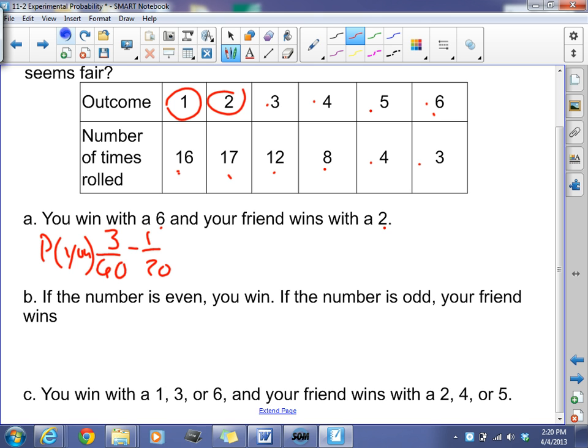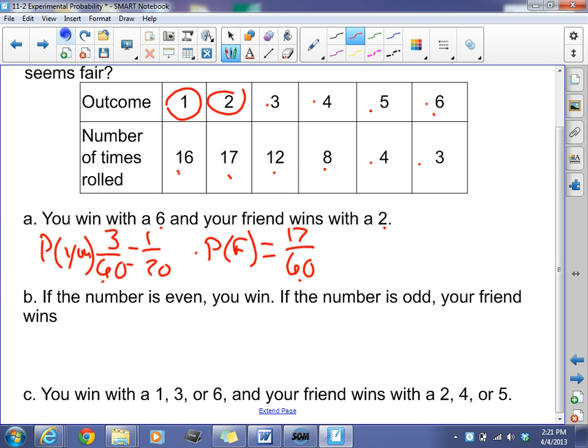Alright, so now the probability your friend will win, probability of F for friend, is going to equal, so 2, that's a total of 60 times, and 17. Now ladies and gentlemen, looking at these 2 different probabilities, 3/60ths, or 1/20th, same thing, or 17/60ths, it is much more likely that your friend is going to win this game.